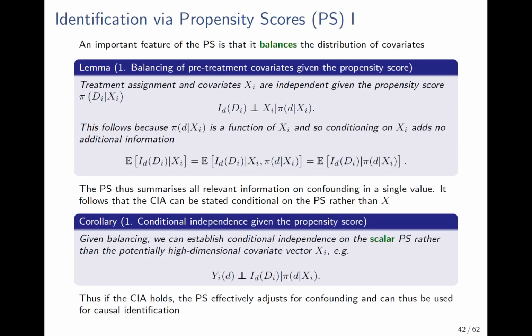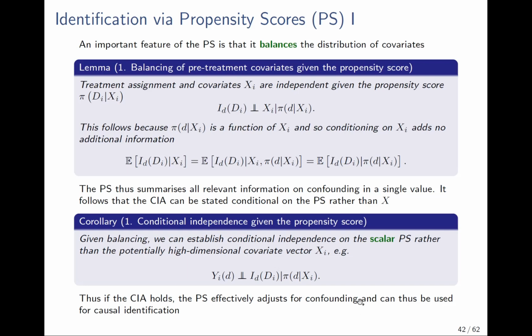So balancing arises because the propensity score summarizes all the relevant information on confounding in a single value, and it therefore follows that the conditional independence assumption can be stated conditional on the propensity score rather than x. So given that this property exists, we can interchange these two quantities to obtain independence with d.